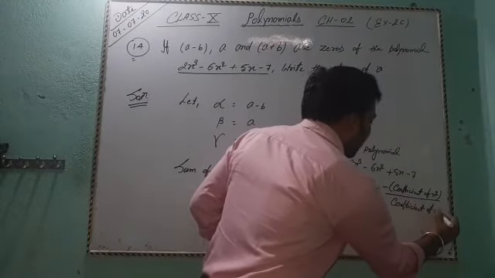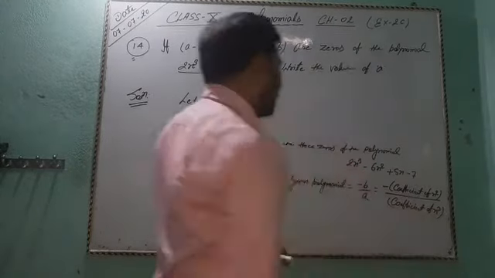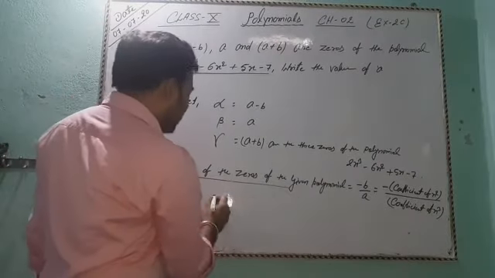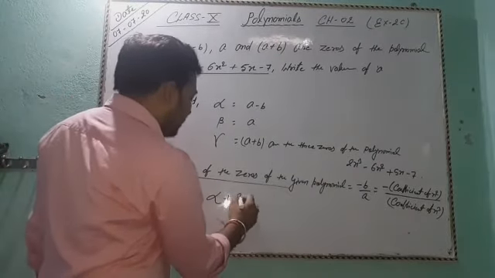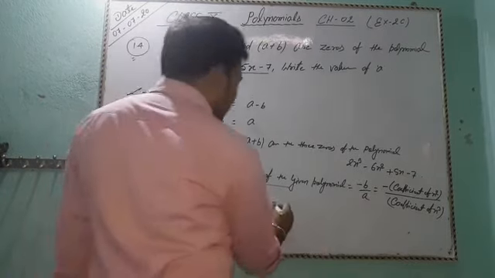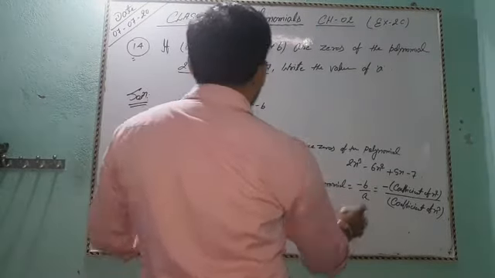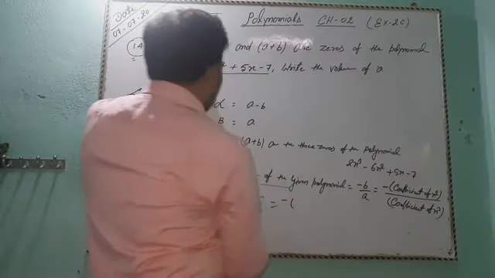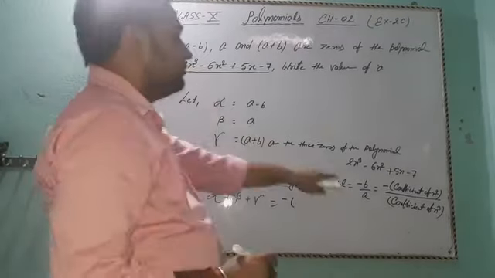So we write the sum of the zeros, alpha plus beta plus gamma, equal to minus b by a.